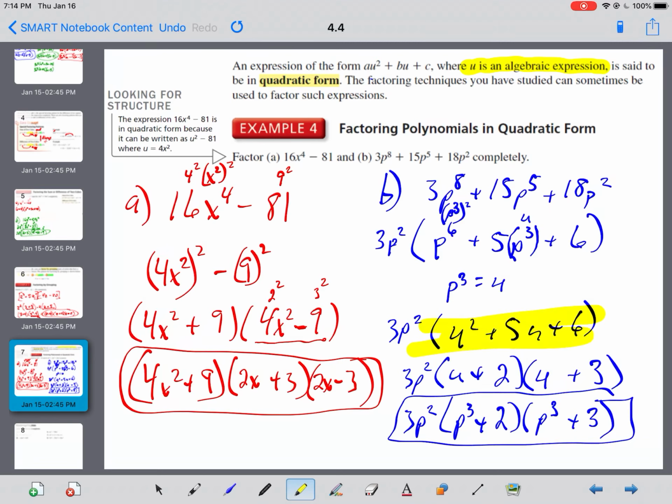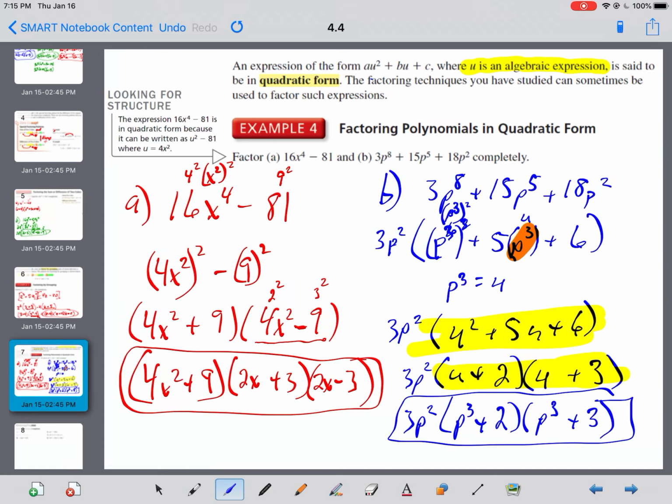Now, I don't really do this step or that step. I go back up to here, and I just put the p to the 3rd in parentheses, and then I just say, okay, well, you're now squared to the 3rd and squared. And I just use p to the 3rd as the thing, and I know where that is.